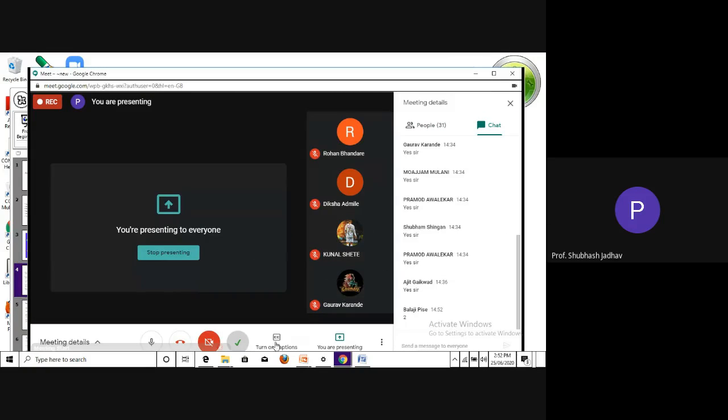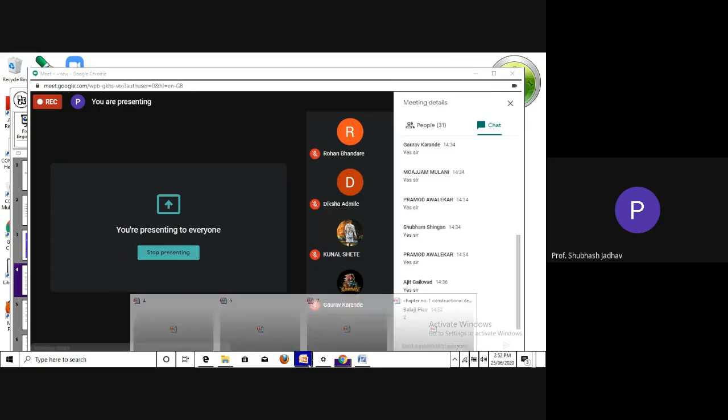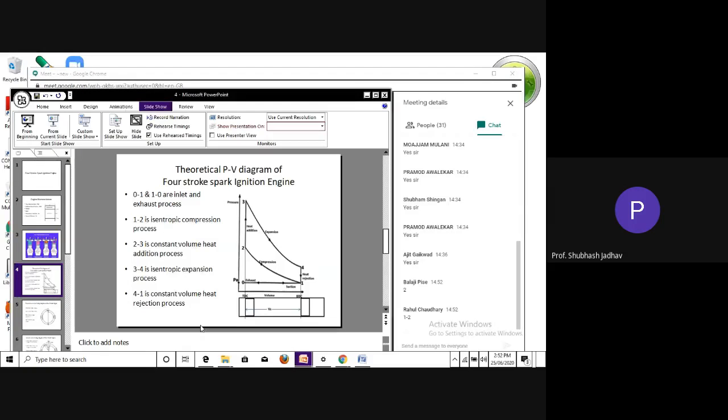Somebody has written Balaji Pise. So can you explain, Balaji? Can you unmute yourself and explain how it is at point 2 then? When the piston moves from BDC to TDC, pressure increases.